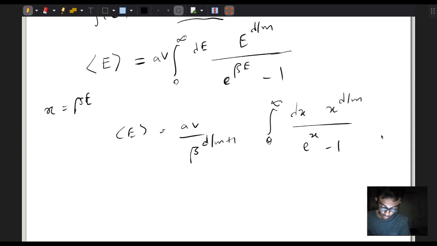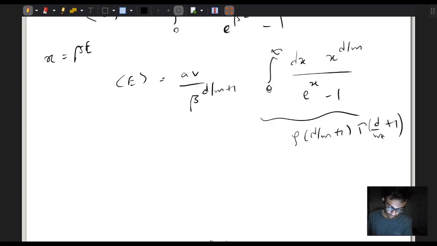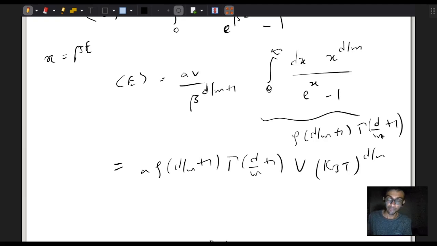This is nothing but zeta of d/n plus 1 times gamma of d/n plus 1. So finally, this is equal to this.